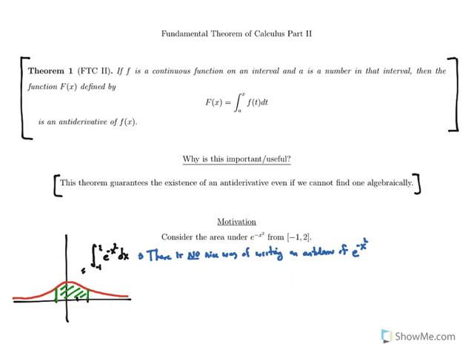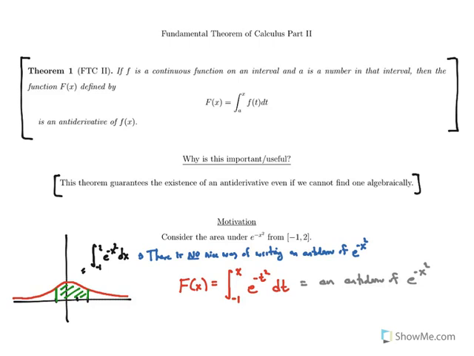So what we have here is that the function capital F of x, which is going to be the integral from, let's actually do the integral from negative 1 to x of e to the negative t squared dt, is an antiderivative of e to the negative x squared.